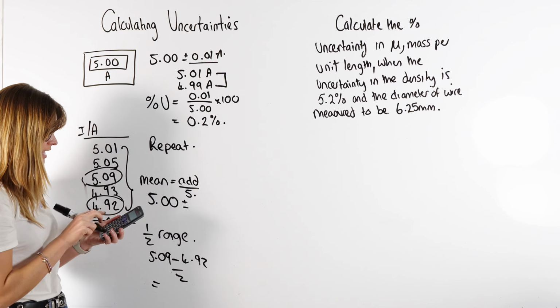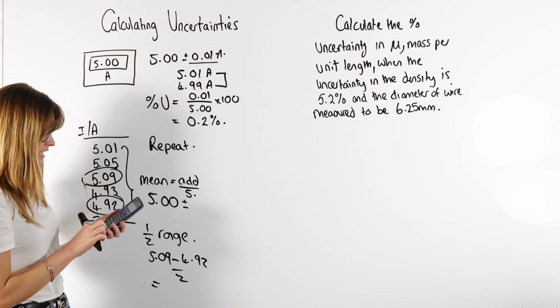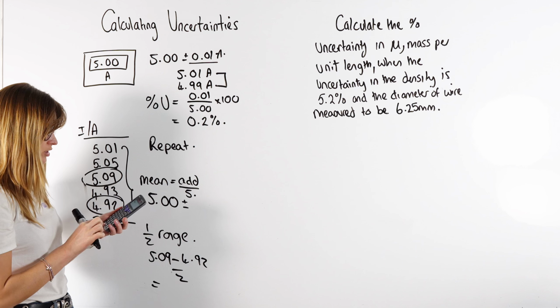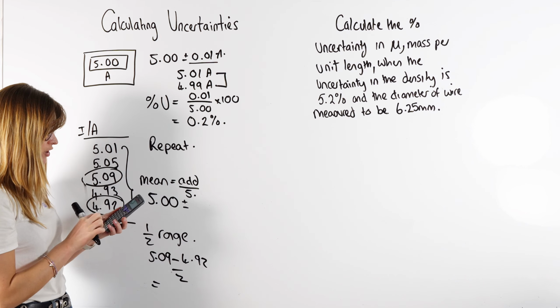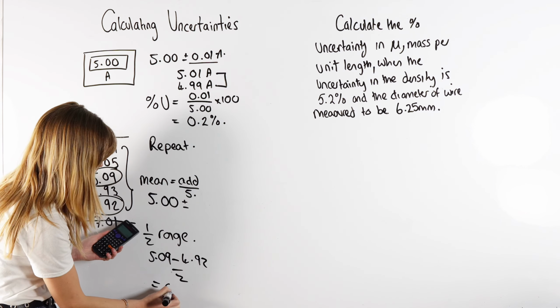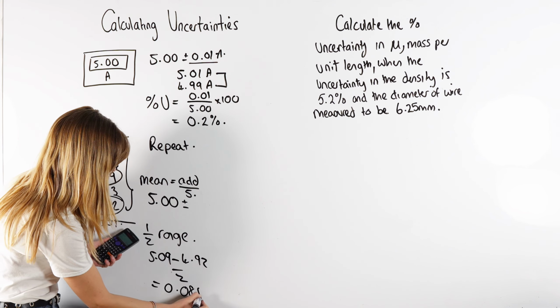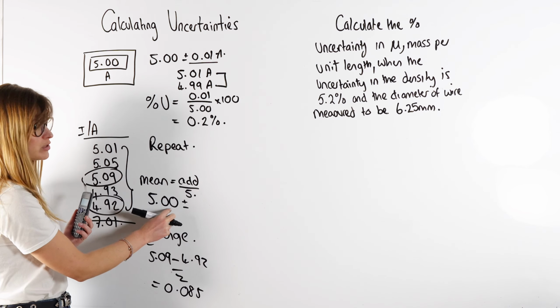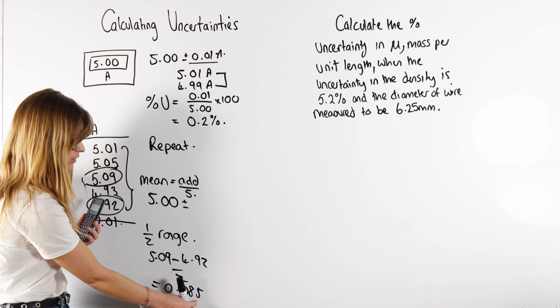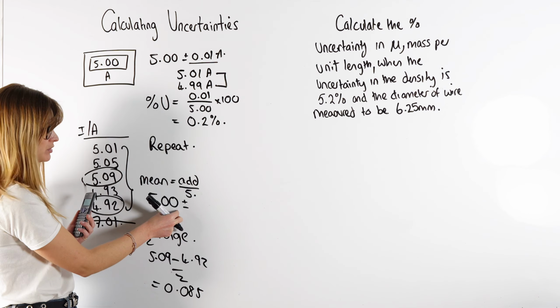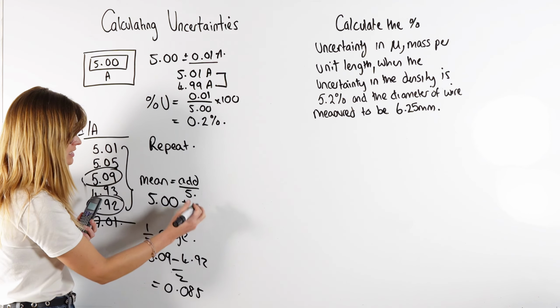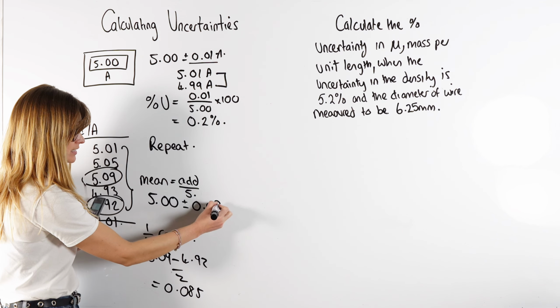My calculator says 0.085. But I can't write 5.00 plus or minus 0.085, because there are only 2 decimal places here. So it's going to be 0.09.